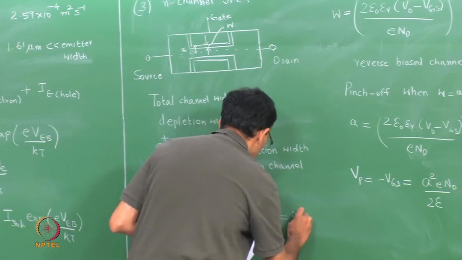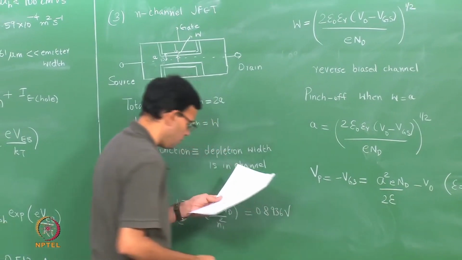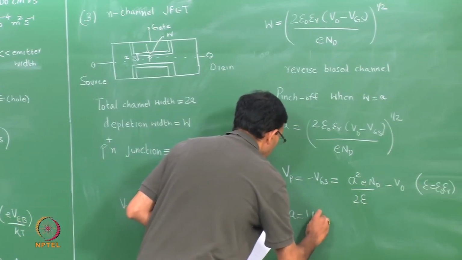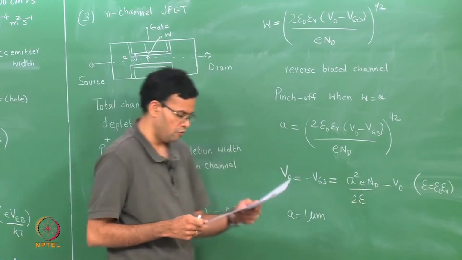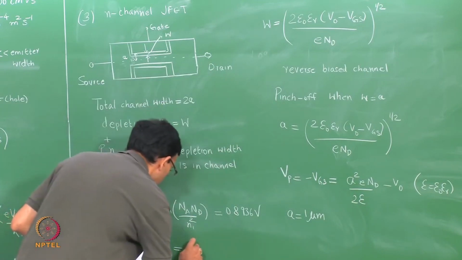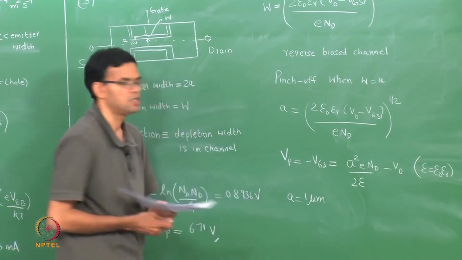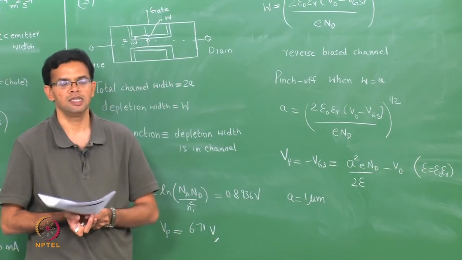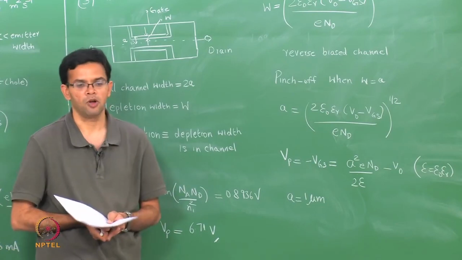So, V naught is 0.8936 volts. We need to calculate the pinch off voltage. A is 1 micrometer. So, everything else is known, V naught is known, A is known, from which we can calculate Vp to be equal to 6.71 volts. So, this represents the pinch off voltage to essentially close the n channel and basically stop conduction in your JFET. So, let us now go to the last problem.